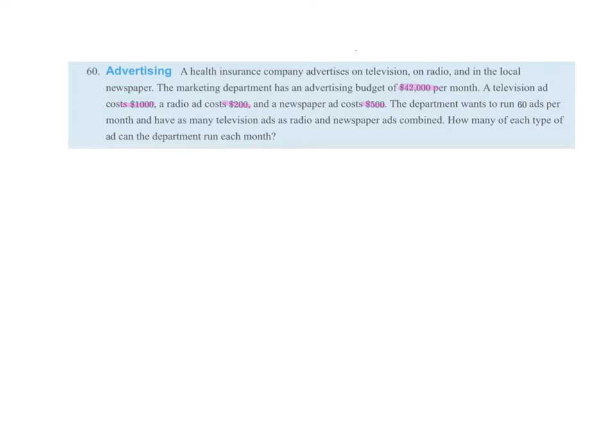Let's do it in order. X equals our TV ad. Then we have Y equals our radio ad. And then Z equals our newspaper ad. So we're defining our variables first of all.